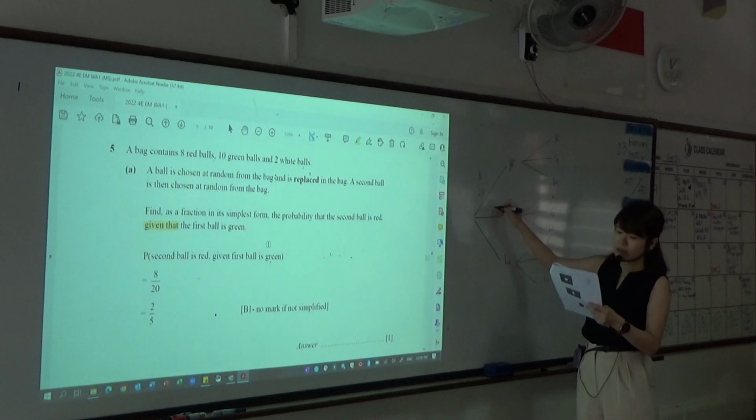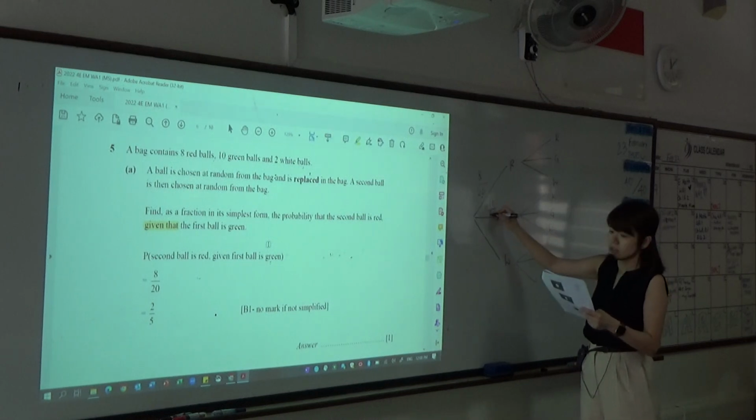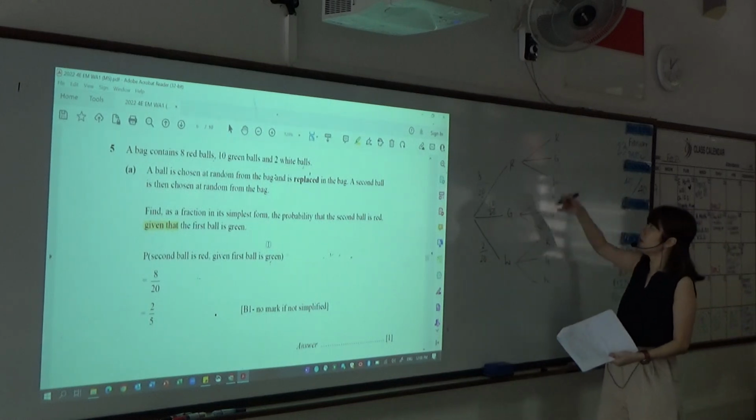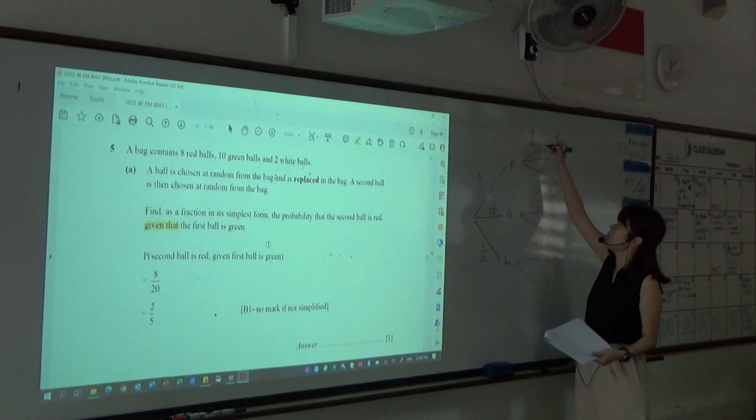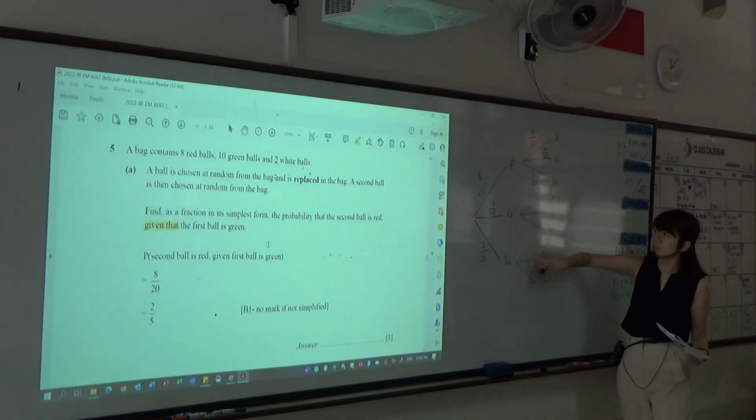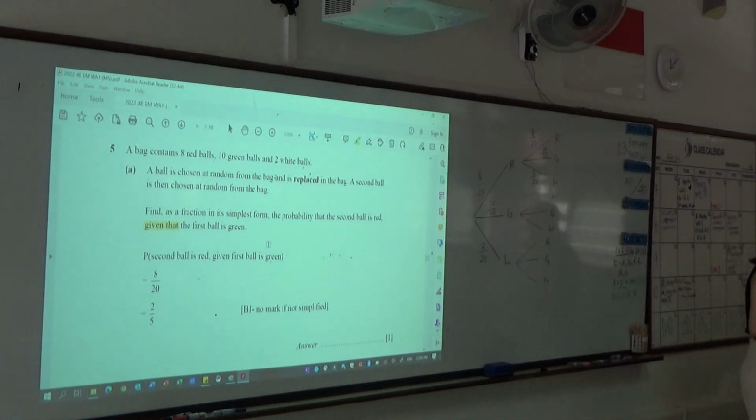Since the ball is being replaced, there is no change in the balls, so the probability remains the same. Every single set here is the same, it's repeated.